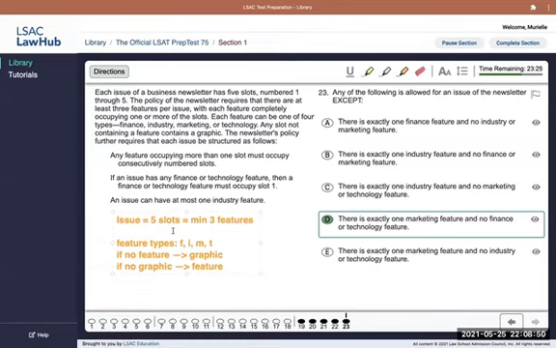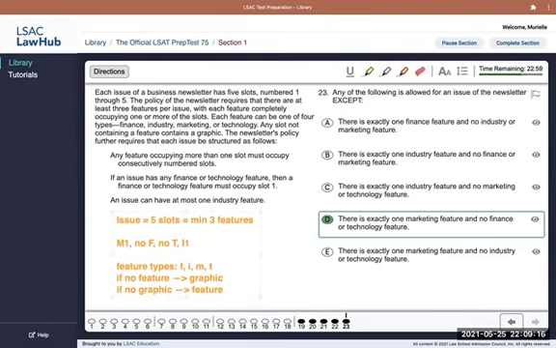There is exactly one marketing feature and no finance or technology feature. So that's kind of like the example that I had just given, right? We have one marketing feature and we don't have any finance and we don't have any technology. So the only thing left is industry, but we can't have more than one industry.